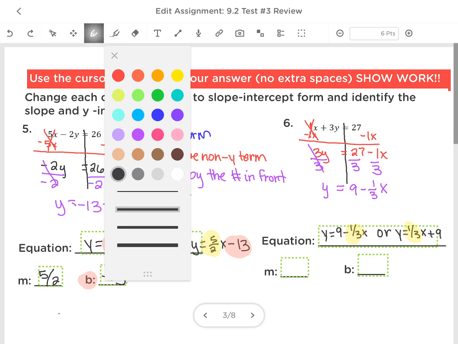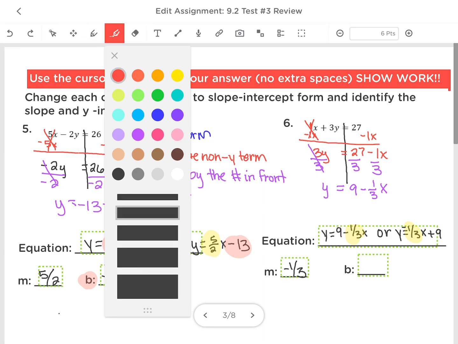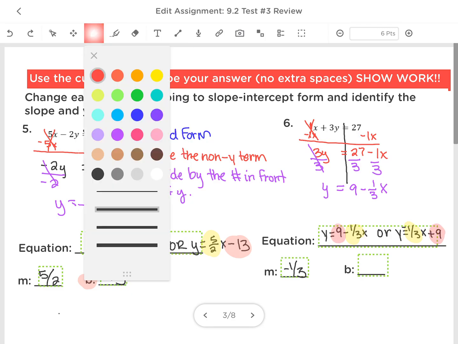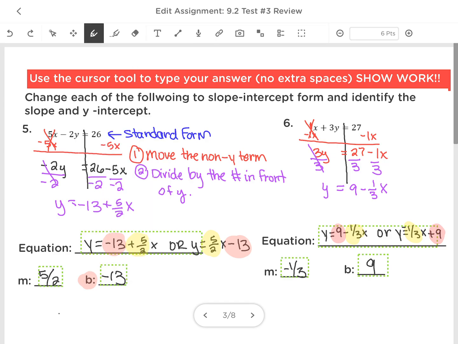I forgot the negative on this equation, so -1/3, there we go, -1/3 for the slope. And my y-intercept is the number that stands by itself, which is the 9. Okay, so that's how you go from standard form to slope-intercept form, so you can write the equation and identify the slope and the y-intercept.